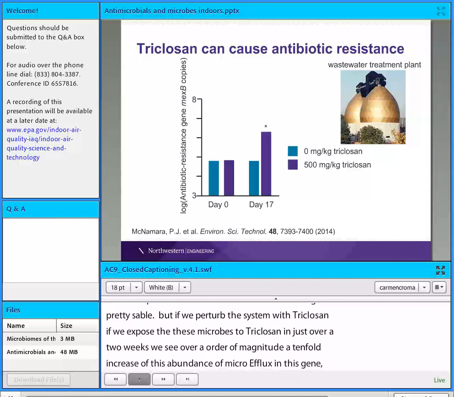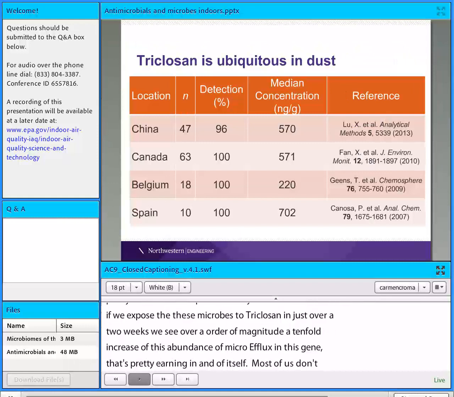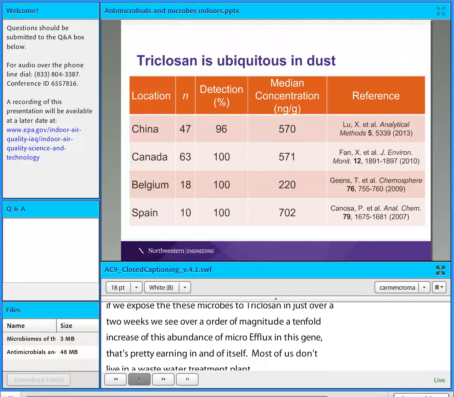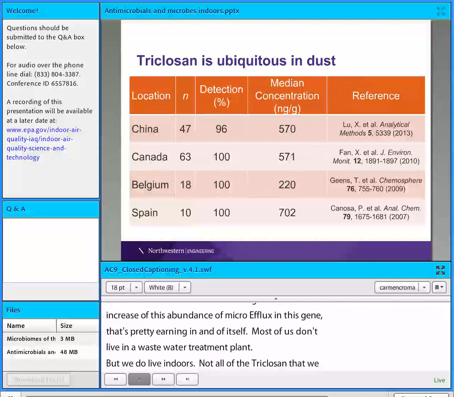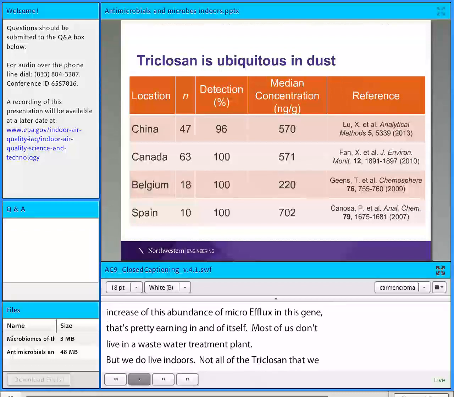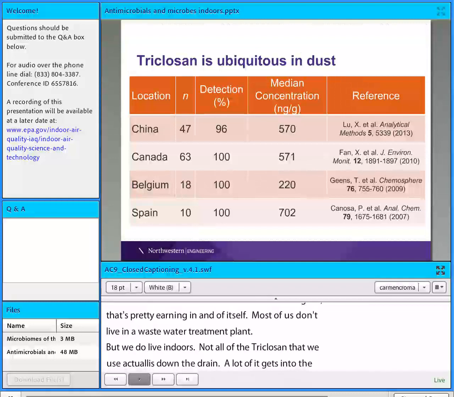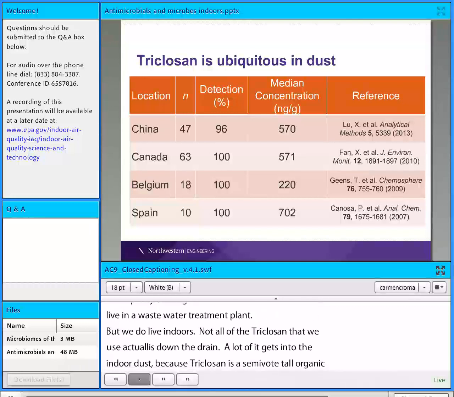But most of us don't live in a wastewater treatment plant, thankfully. It would probably be a little smelly. But we do live indoors, and not all of the triclosan that we use actually goes down the drain. It turns out that a lot of it gets into the indoor dust because triclosan is what we call a semi-volatile organic chemical. And so when I showed chemicals partitioning throughout the built environment, one thing that happens to triclosan is that it volatilizes and then settles.